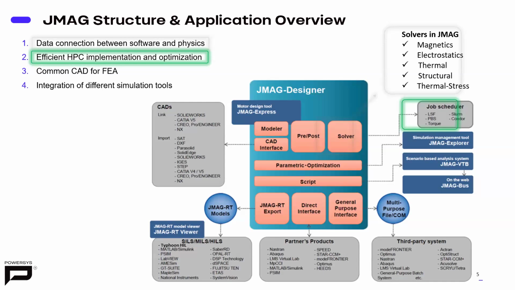So high performance computation plays a major role. For optimization, we also have parametric and topology optimization and multi-objective optimization platforms, in which a large amount of data can be processed and the optimal design can be obtained from JMAG Designer, which is a finite element analysis software.